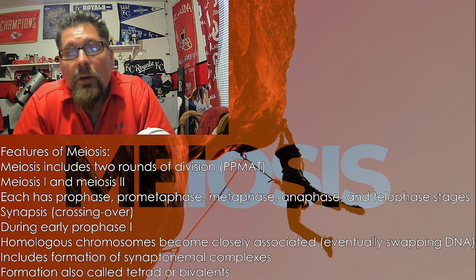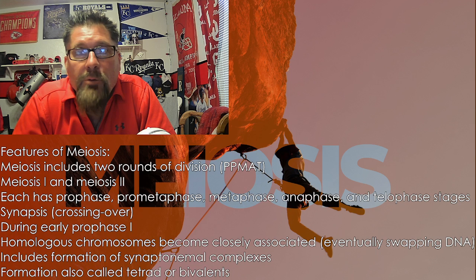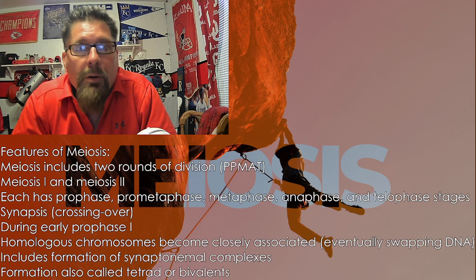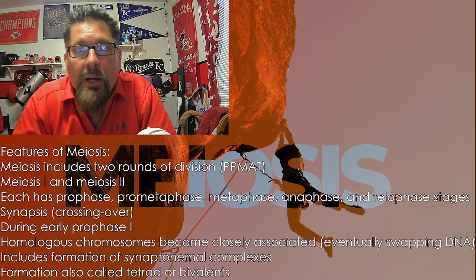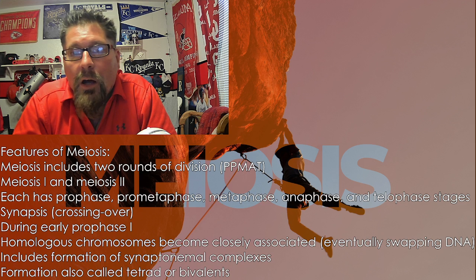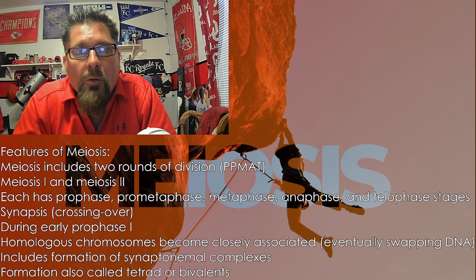Now when we're talking meiosis, one of the first things we want to remind you about is that it has two rounds of division. And just like mitosis, you have that PMAT: prophase, prometaphase, metaphase, anaphase, telophase. They're all there, although one, when looking at the diagrams, won't be discussed much.